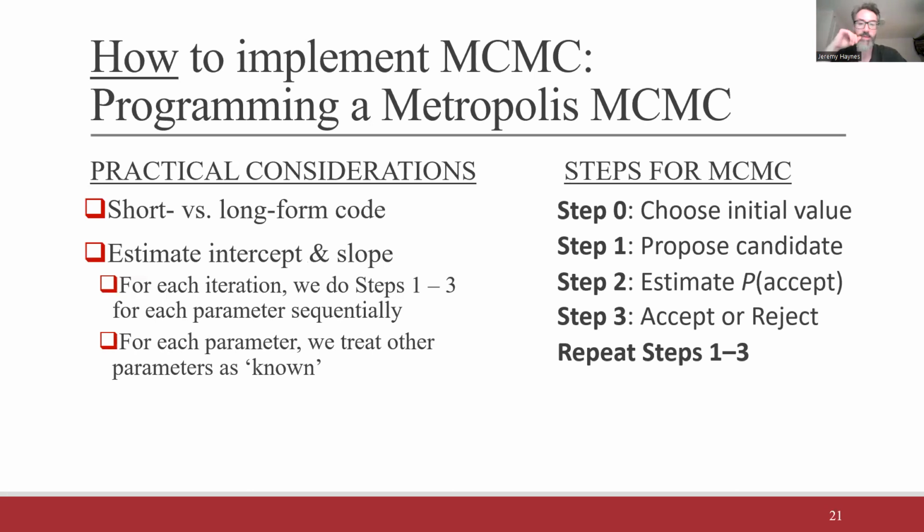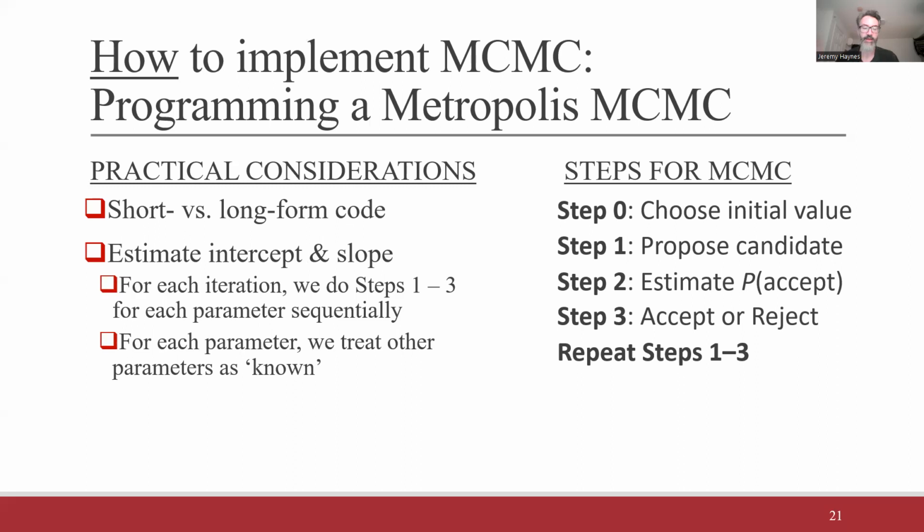And whenever we calculate these different values, and this will be more apparent in the code, whenever we generate samples for a given parameter value, so let's say the intercept, we're going to treat all the other parameters as known, as if we already know that. So when we're generating a sample for the intercept, the current value of the slope and sigma will be treated as known values.